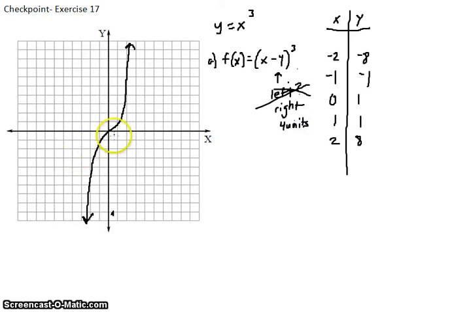So this whole graph here is getting shifted to the right 4 units. So it's going to look something like this. So there's my graph shifted to the right 4 units. And because it's inside to the cube power, that's when you move it left to right.